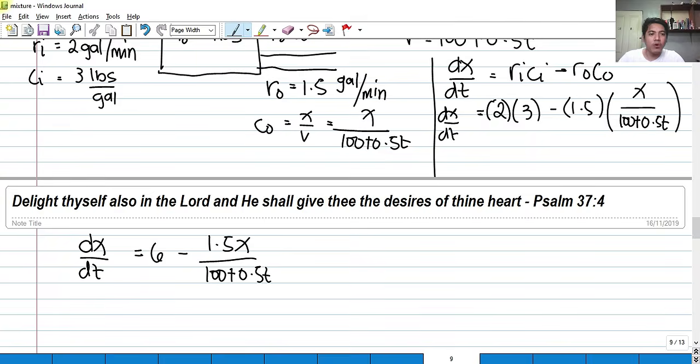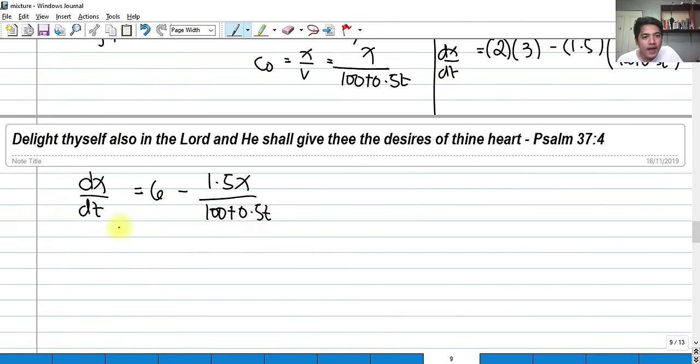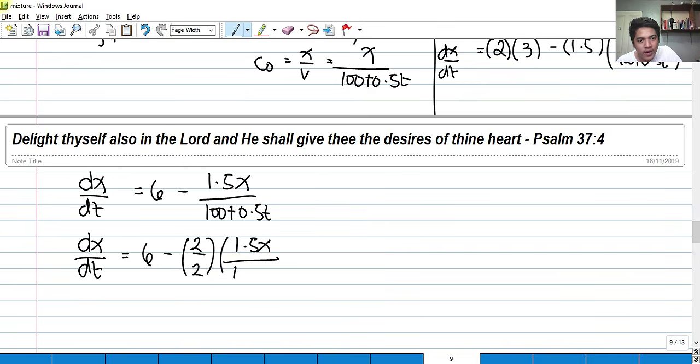As much as possible, I would not want to have a decimal right here. So what I'm going to do is multiply it by 2 over 2, the 1.5x over 100 plus 0.5t. This is still equal to 1, so it doesn't matter if I multiply it.